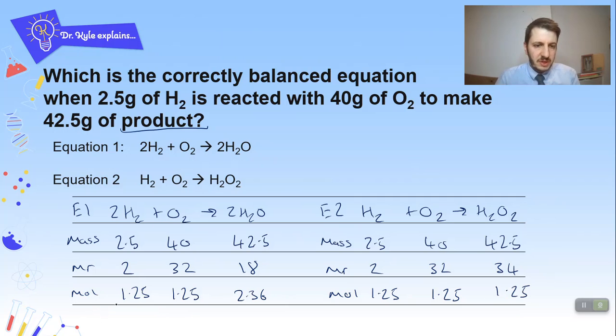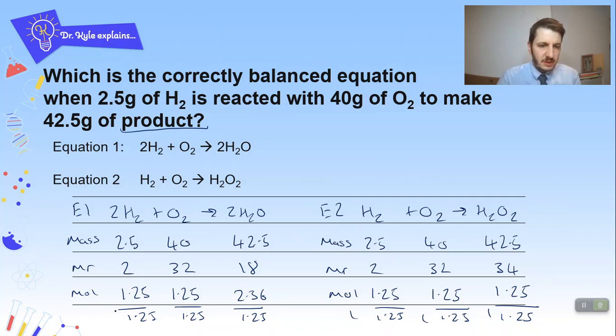Okay, so dividing each one by the smallest number of moles, 1.25, 1.25, 1.25, 1.25, 1.25, and 1.25. So hopefully you can see that's going to be 1, 1, and 1.